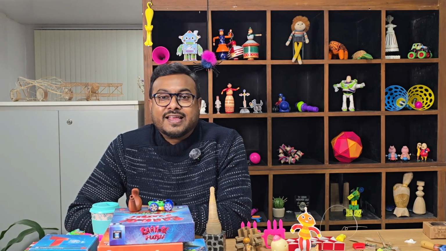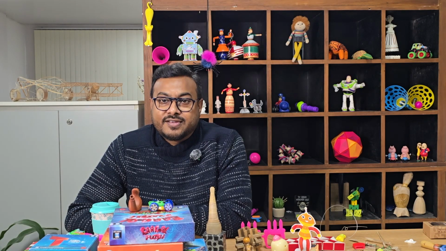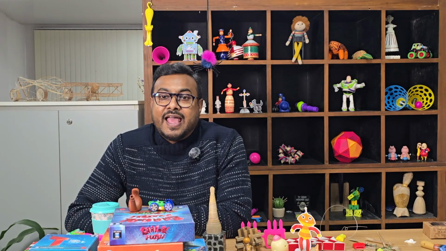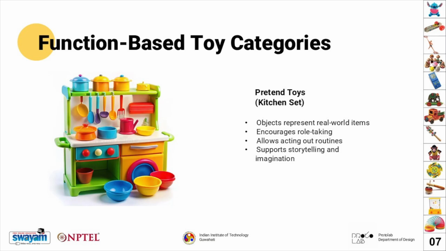The third one is pretend play toys. Pretend play toys help children bring their imagination to life. Dolls, doctor kits, puppets, miniature vehicles, animal figures, they let children create worlds, act out stories, and make sense of real-life experiences through pretend scenarios.